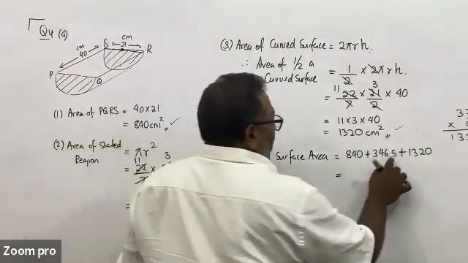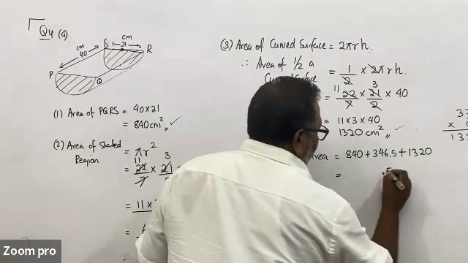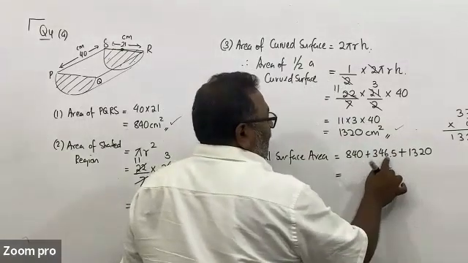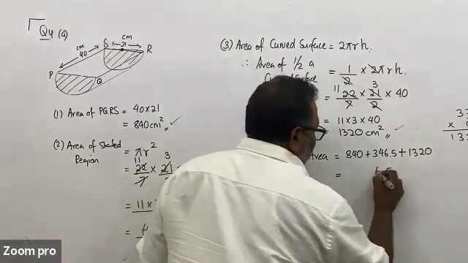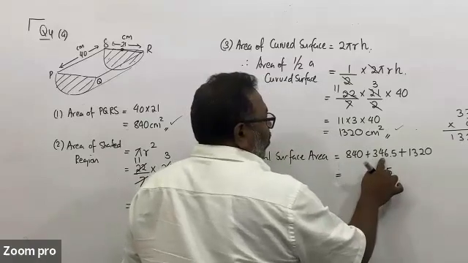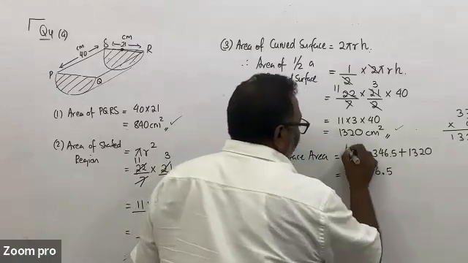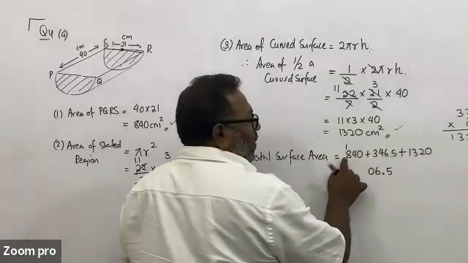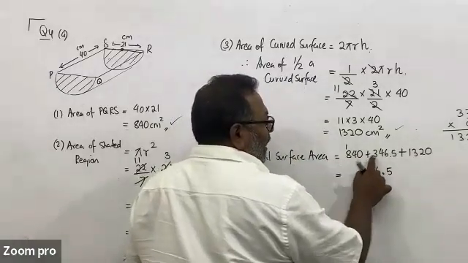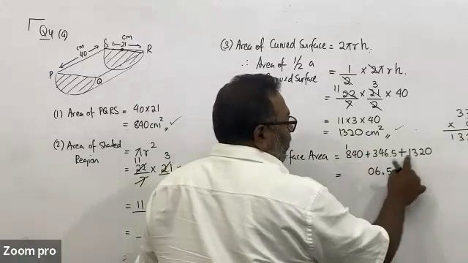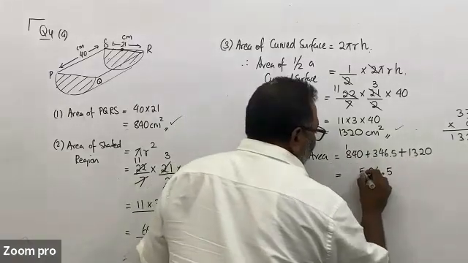Add it. 0.5. 0 plus 6 plus 0 is 6. 4 plus 4 is 8. 8 plus 2 is 10. 1 carry forward. 1 plus 9 is 1 plus 8 is 9. Plus 3, 12. Plus 3, 15.